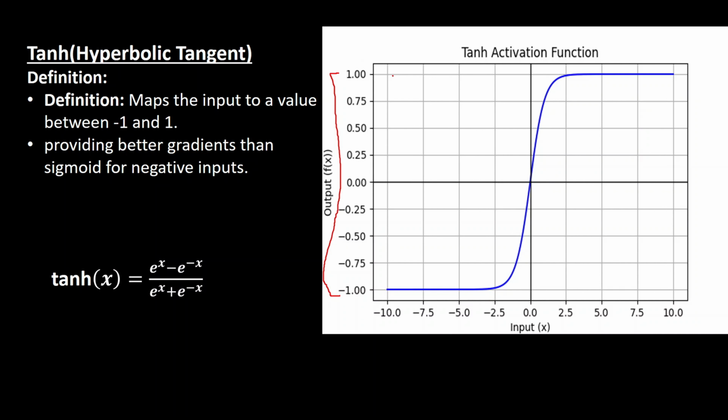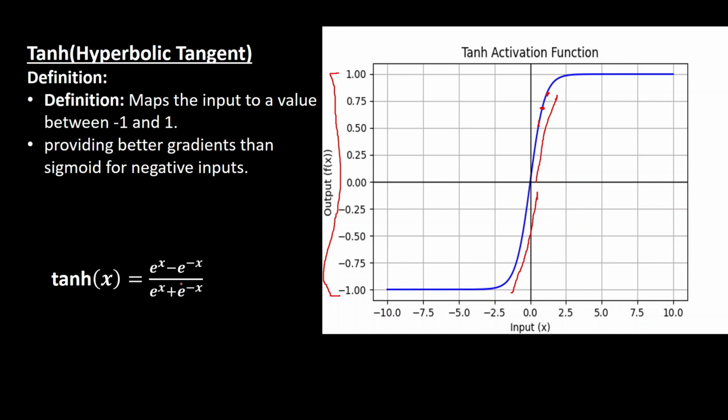The sigmoid function gives you the output between 0 and 1, but the tanh activation function gives you the output between plus 1 and minus 1, as you can see over here. This is also giving you outputs like 0.5, 0.25, etc. All of these are values between 0 and 1, and it is also giving you minus 1 and 0. So it is a better version of the sigmoid function.